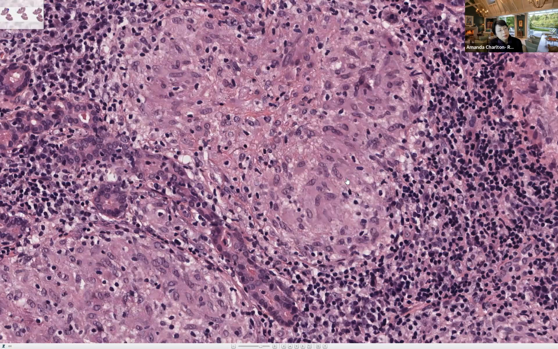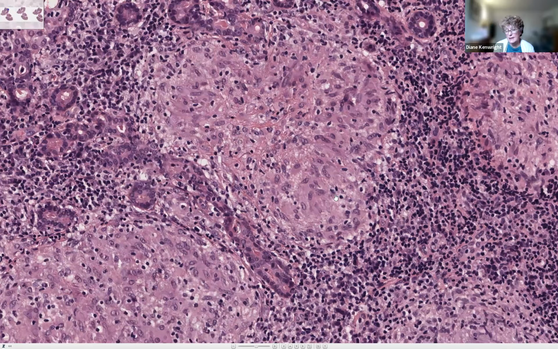So these mononuclear cells, their nuclei look very characteristic to me. They don't look round like a typical epithelial cell. They're rather kidney shaped, classically. Yes. Elongated, kidney shaped. So these are our epithelioid histiocytes that make up the granuloma.